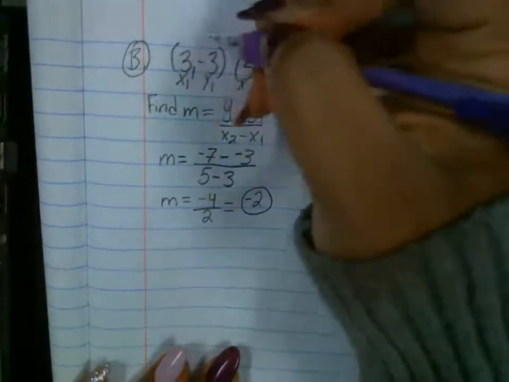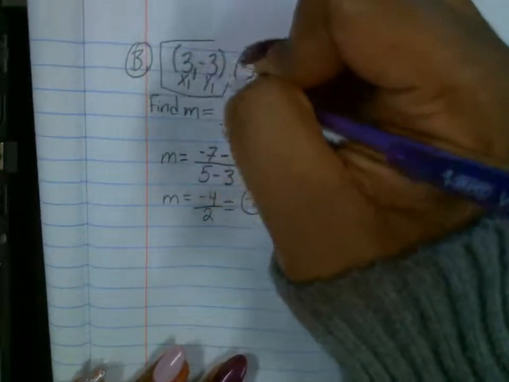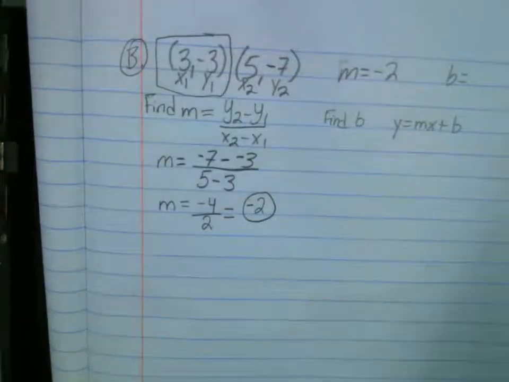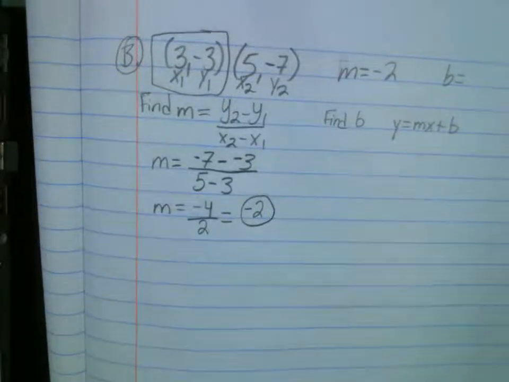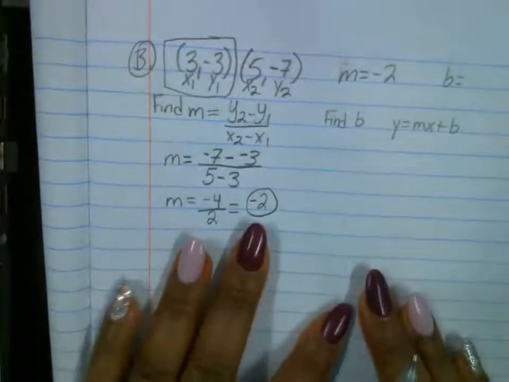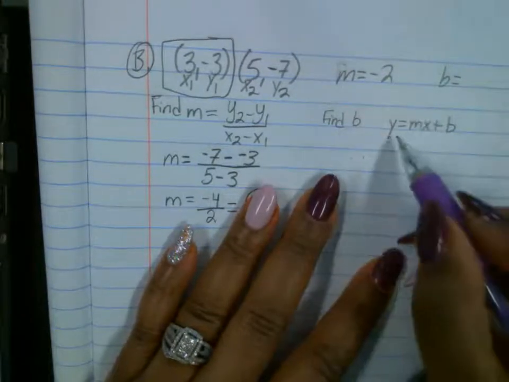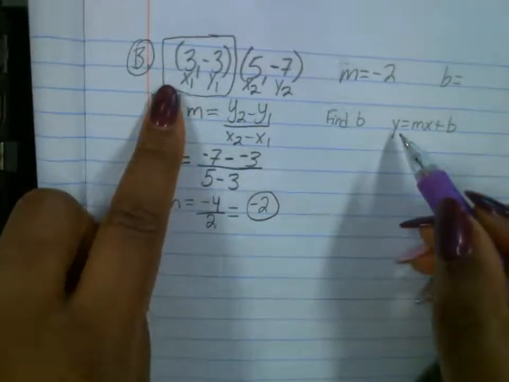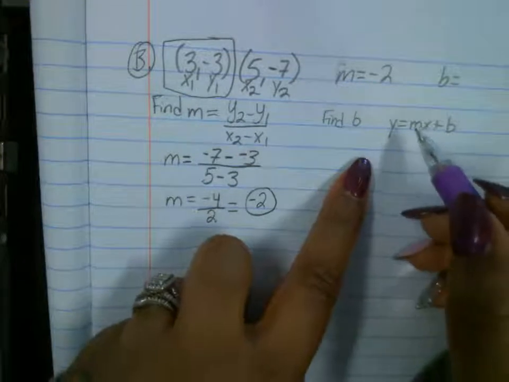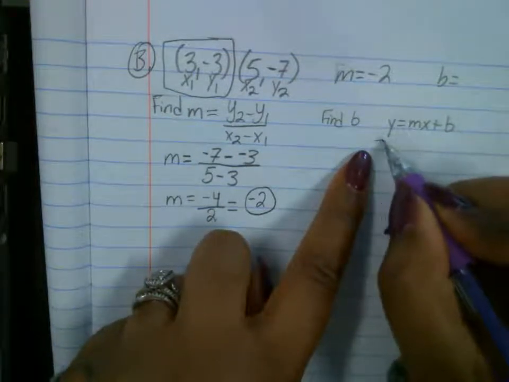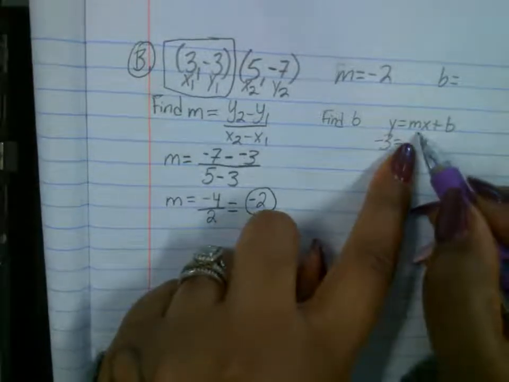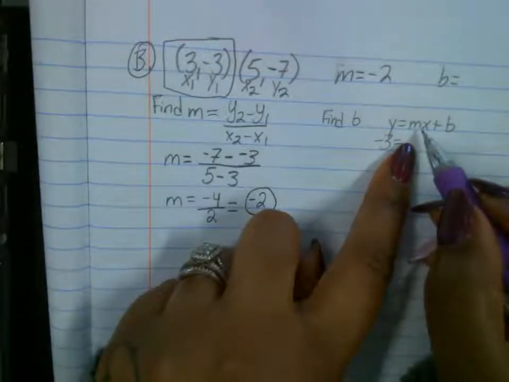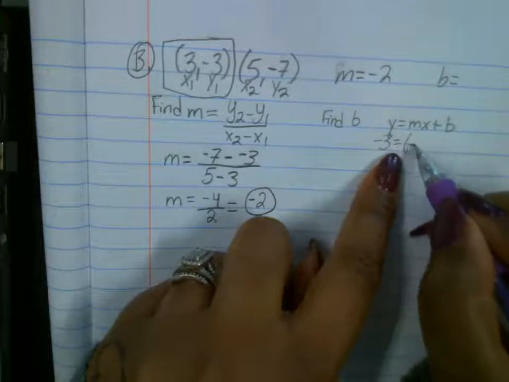The first point. Okay, it does not matter which point you use. You can use the second one if you like. You're still going to get the same answer. Since we chose this first point, what are we going to plug in for y? Negative 3. Bring down the equal. For m, negative 2.